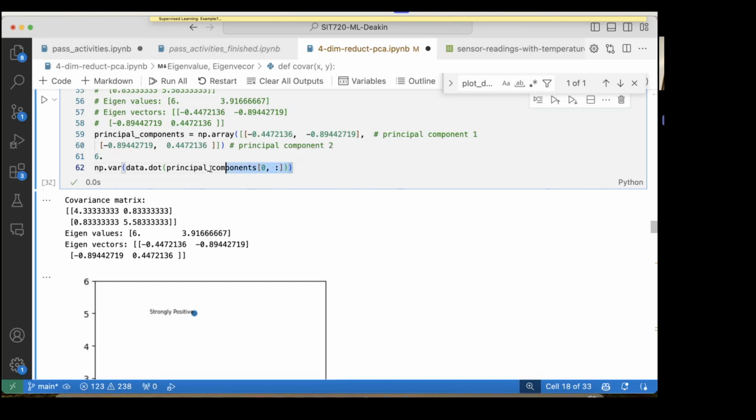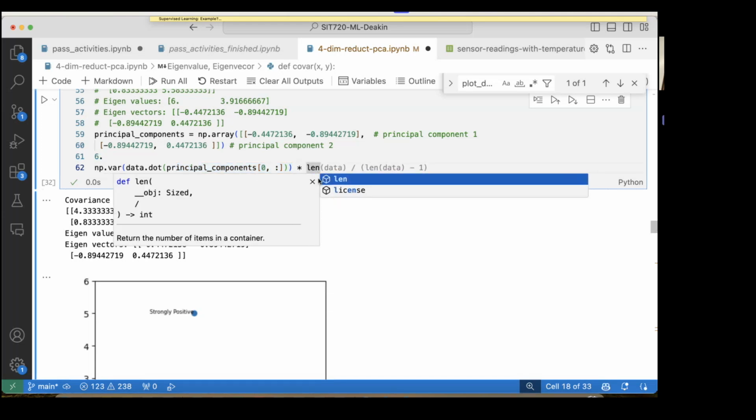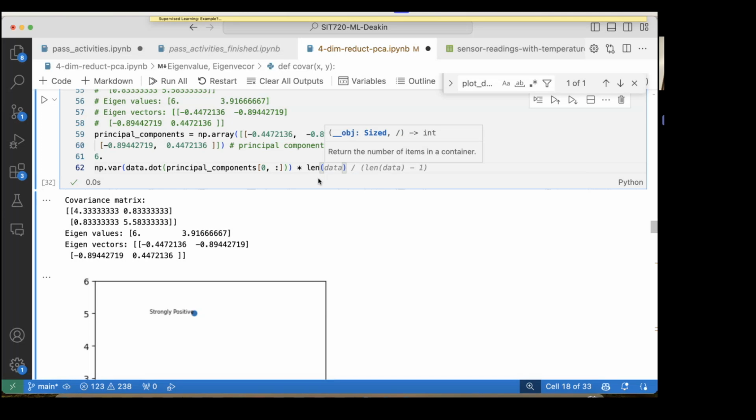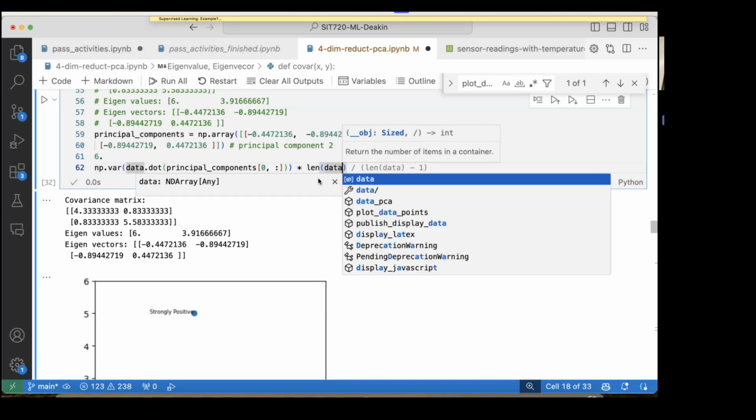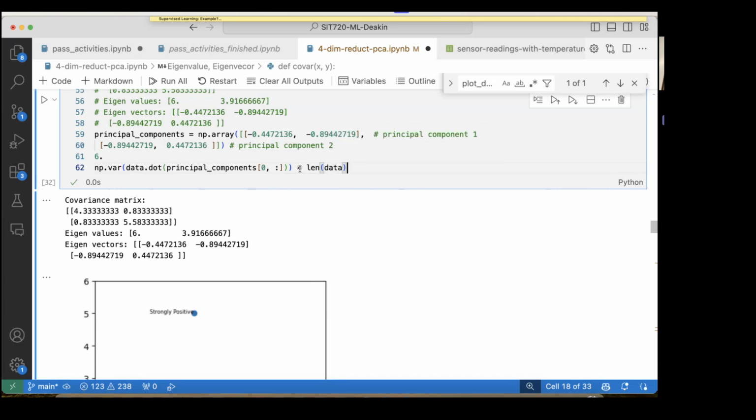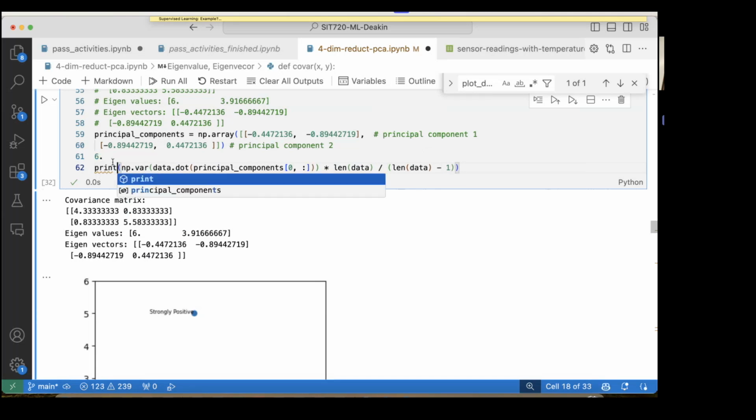But this value has been divided by n, so let me make it back to the undivided version. I just multiply by the number of features, then do the division again. So this will be the population variance. Let's print out this population variance. You will see some magic here.